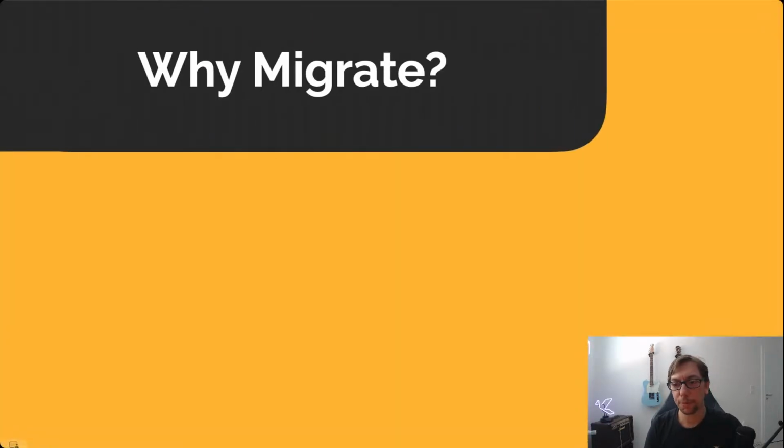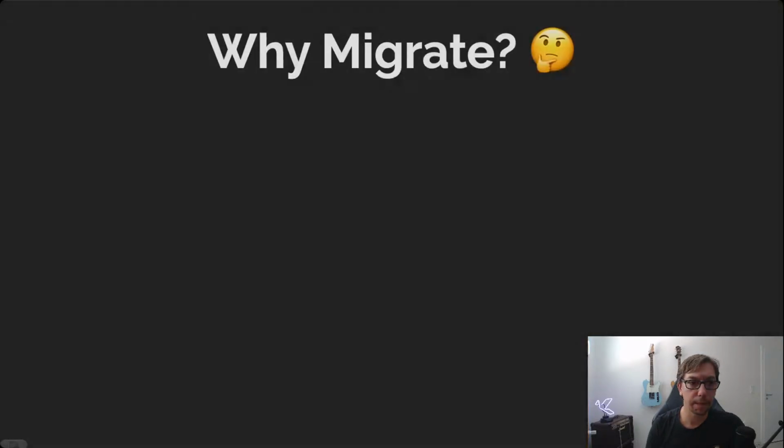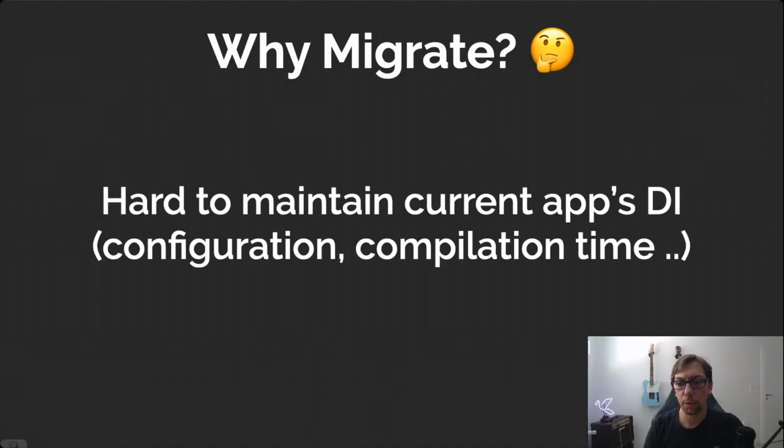This is perhaps the first question we should ask before migrating: why migrate? The first point will be something that is disappointing you in your current project, which is configuration. It's hard to maintain.